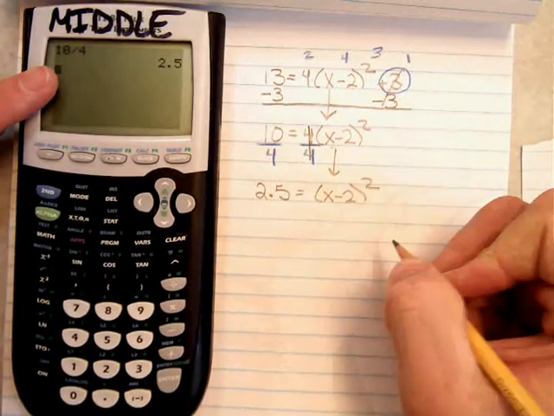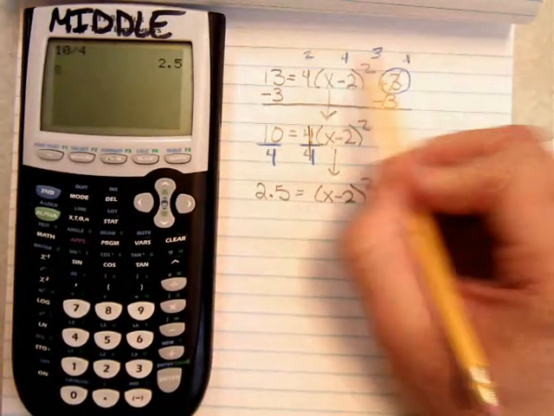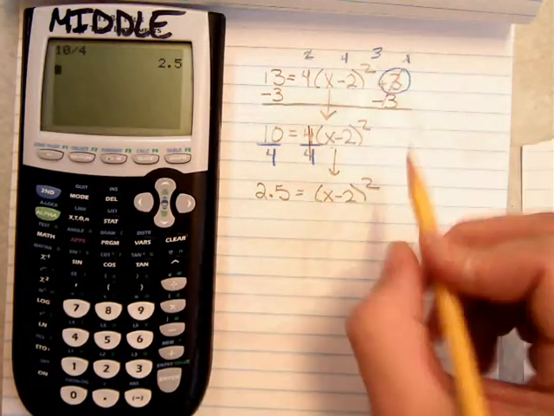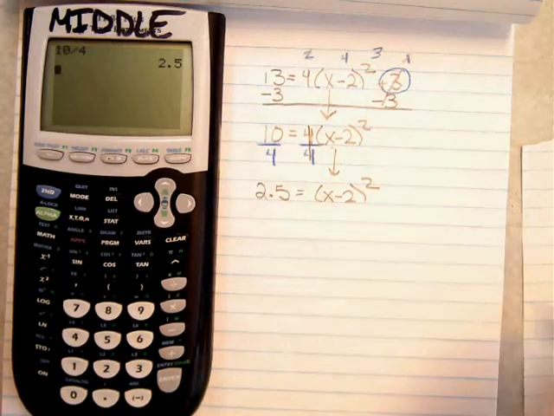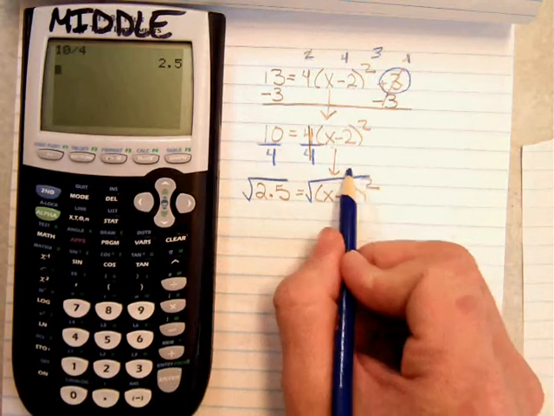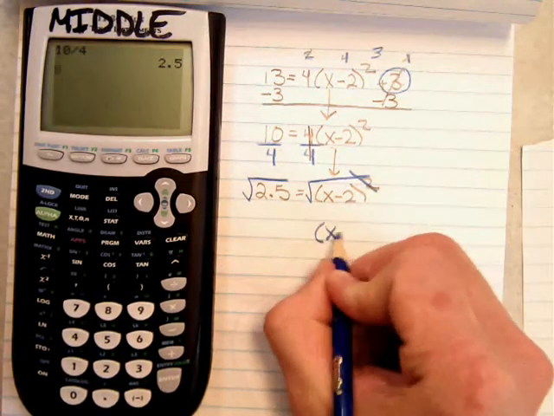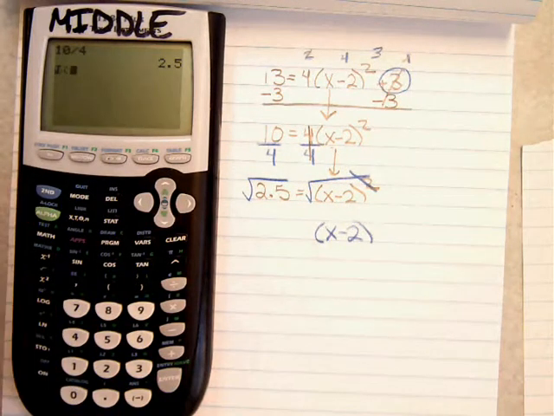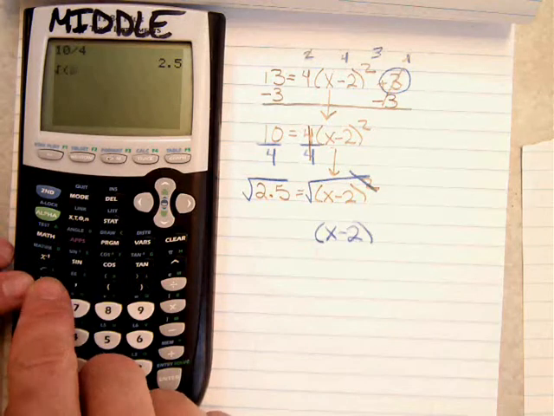So we've gotten rid of the first and the second thing. Now we need to go to the third thing, which is that squared. I'm going to get rid of the squared by taking the square root. And what you do to one side, you do to the other side. The square and the square root are going to cancel, and x minus 2 comes out. In your calculator, type second x squared, which will bring up the square root, and put 2.5 in there, and close those parentheses.